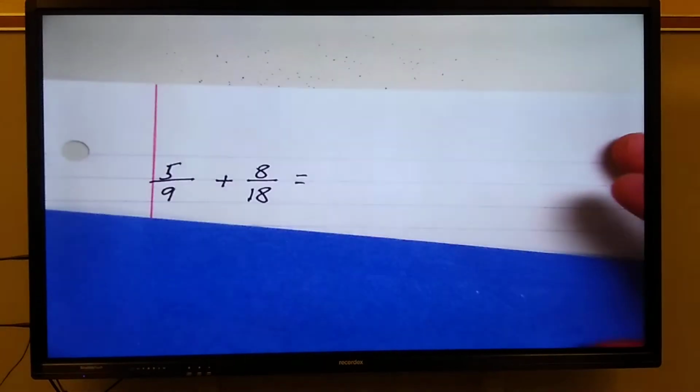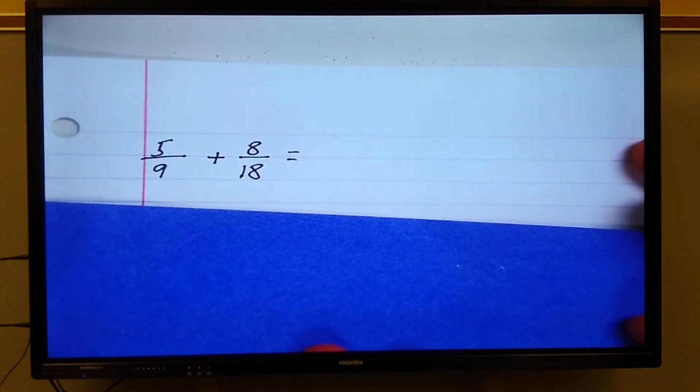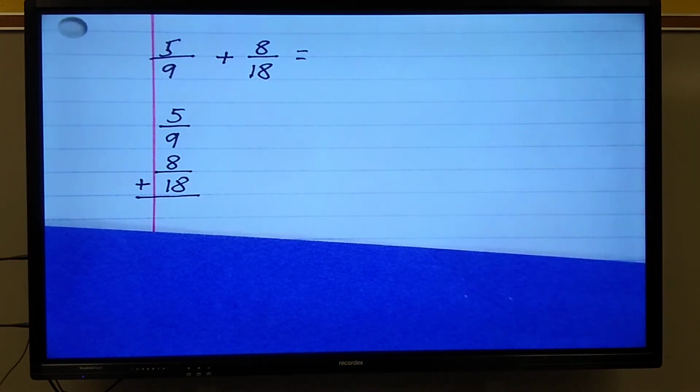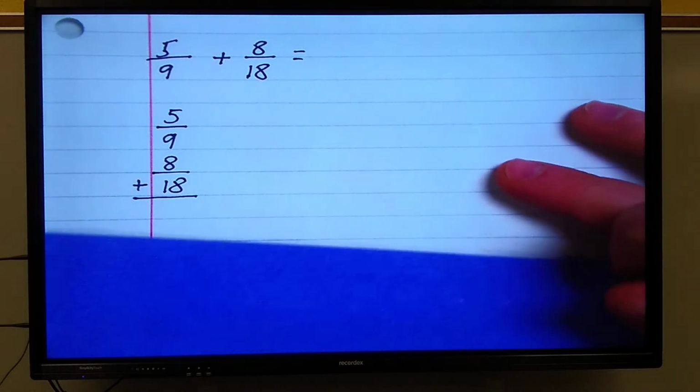All right, let's do a couple of review problems to keep this fraction stuff fresh on your brain. The first thing I want you to do is 5/9 plus 8/18. Remember, you line it up vertically. Solve that problem.